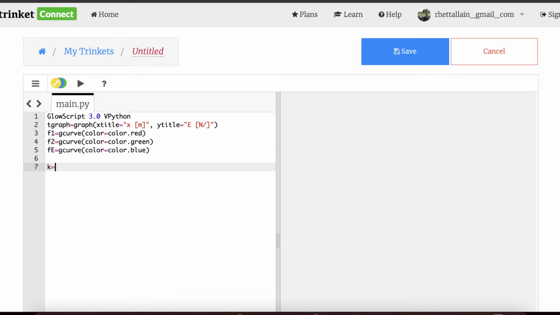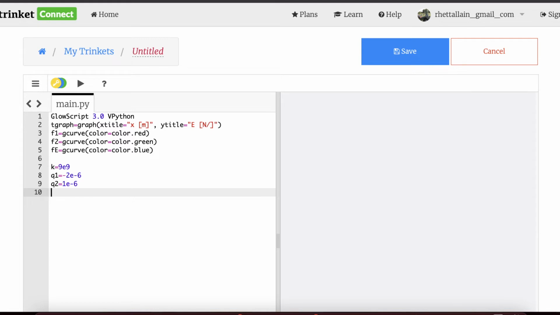Oh, and then let's say k equals 9 times 10 to the 9th. That's my Coulomb constant. I need Q1 equals negative 2e-6. Q2 equals 1e-6. s equals 0.01.